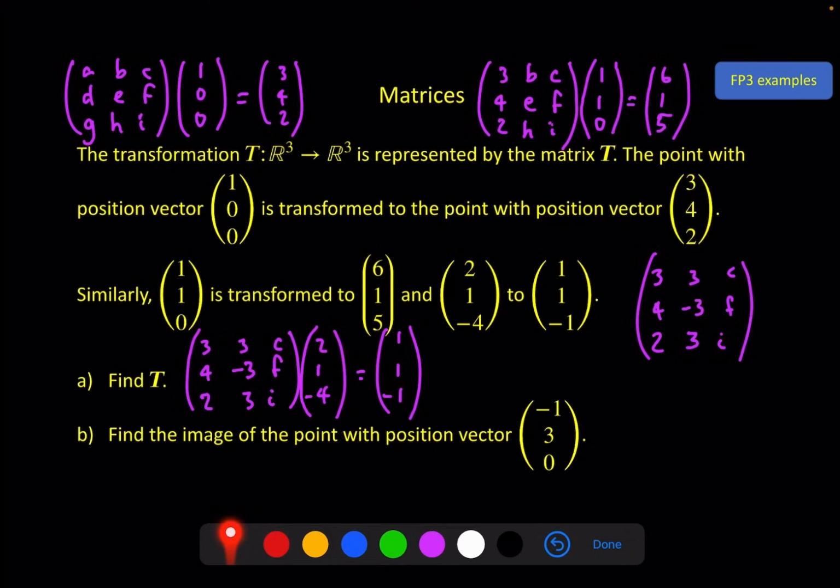So we've got 6 plus 9 minus 4c must equal 1. 4c is 8, c must be 2.